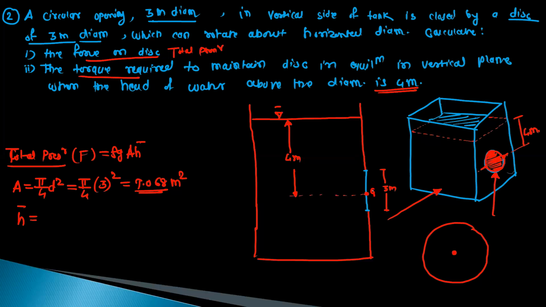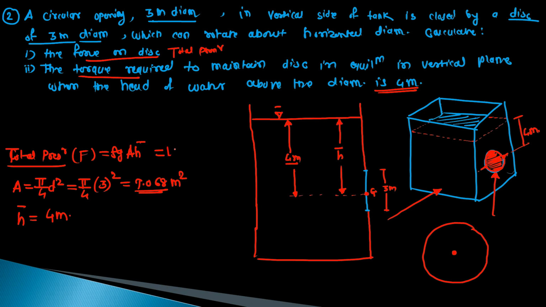So this is the G point. Measure this point with respect to the free surface, so it becomes the h bar value. So h bar is directly 4 meter.